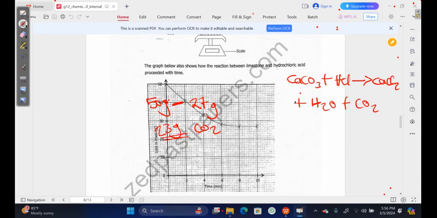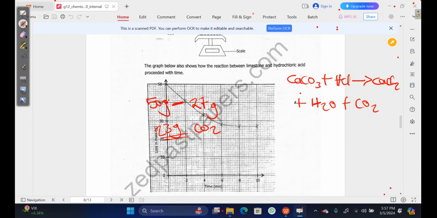Then you check where it is meeting the graph, and how much mass you have. So you have 40, 41, 42, 43, 44, 45, 46. The fifth one is touching the graph at 46. So the mass here is 46.